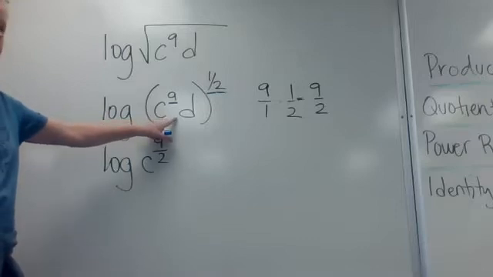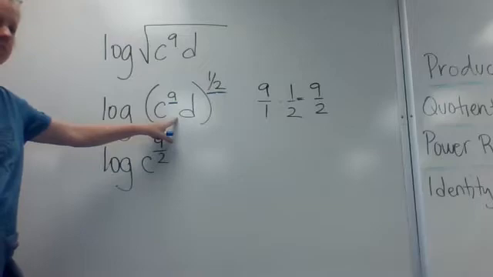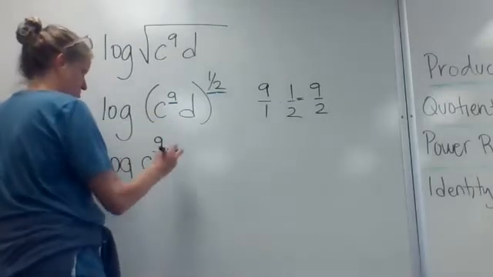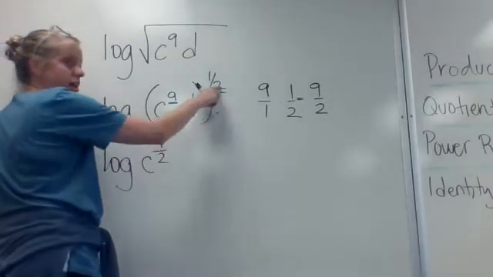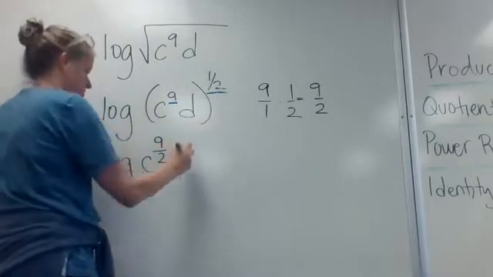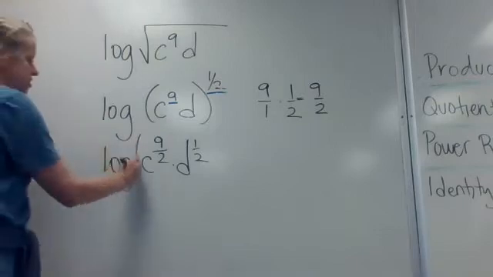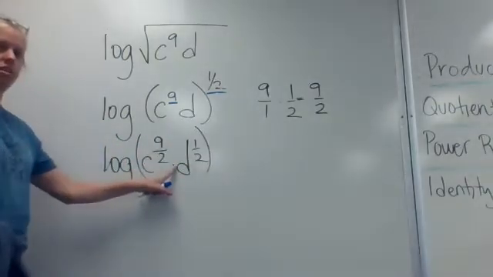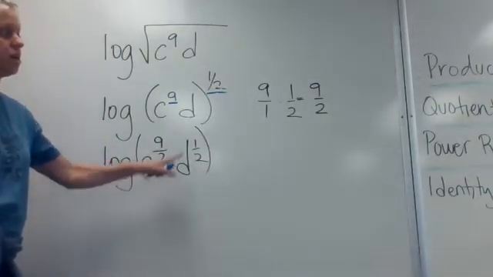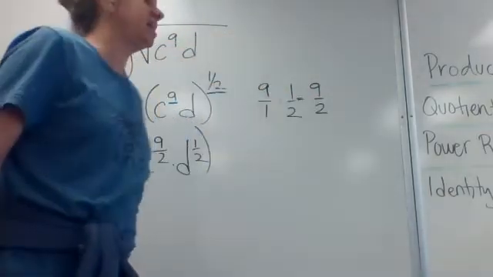What is this turning into? Sum, right? Here, we can do this in 2 steps. So the d's exponent is going to be what? Just 1/2. So now, since it's multiplication, since it's product, I'm going to turn it into adding those together.